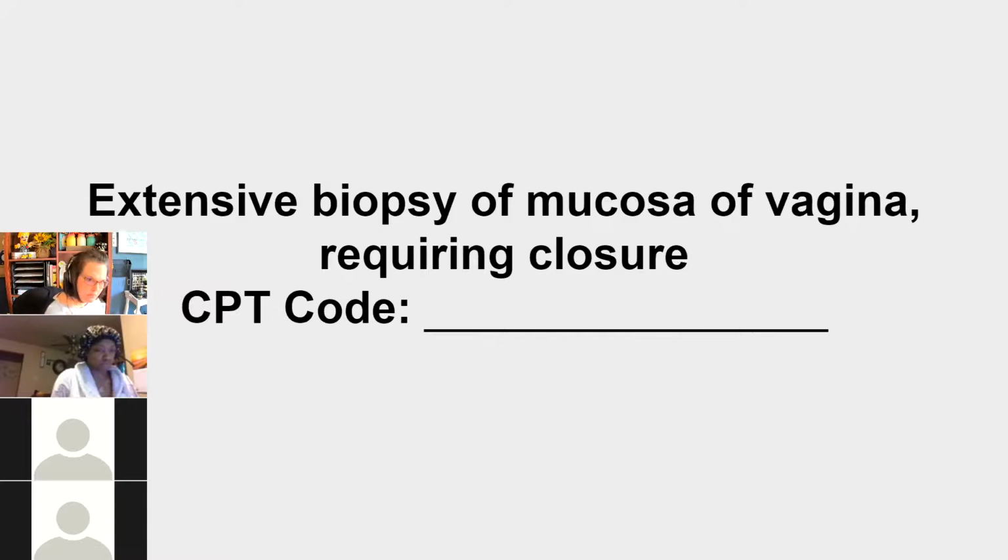Biopsy, 1048. Okay, and so where do you think we go next, Miss Wanda? Biopsy of what? Biopsy of the vagina. Yeah, that's where I would go next too. So biopsy, then we're going to go vagina.